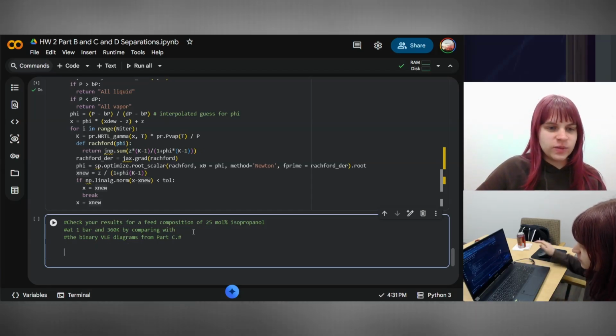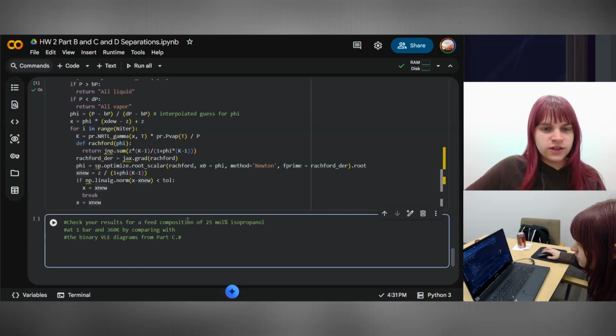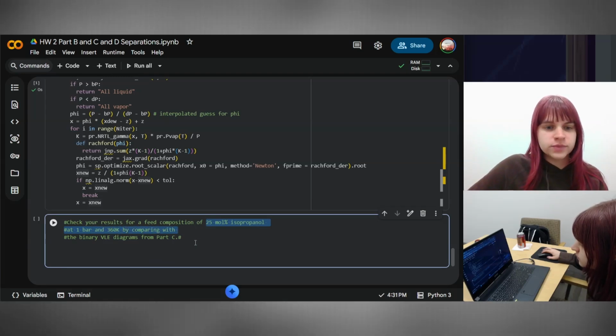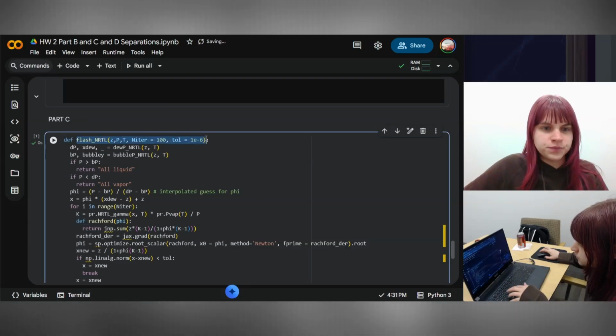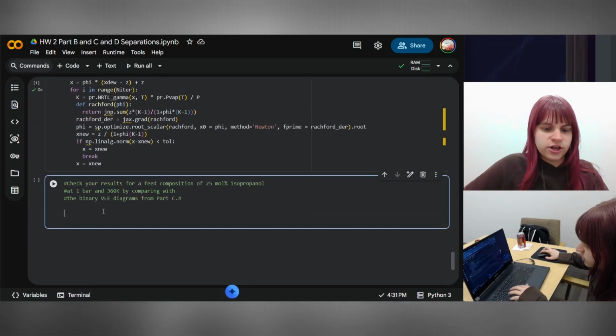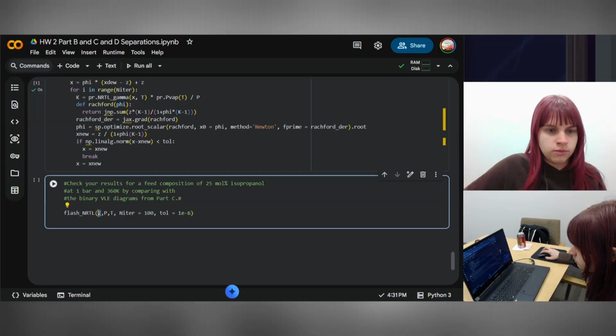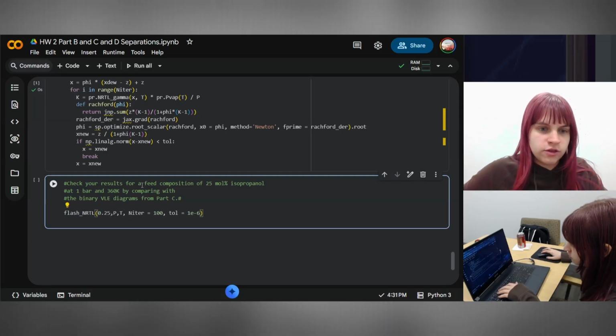picture. So we want to check our results for a feed composition of 25 mole percent isopropanol at 1 bar and 360 Kelvin. And what we want to do is run this flash NRTL, 0.25 isopropanol.